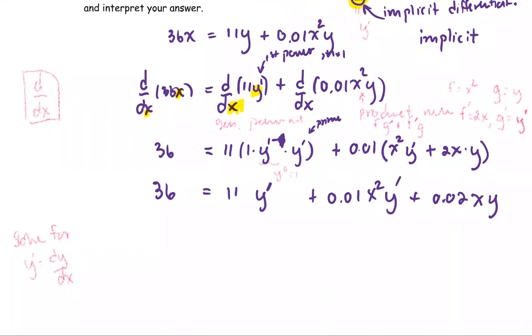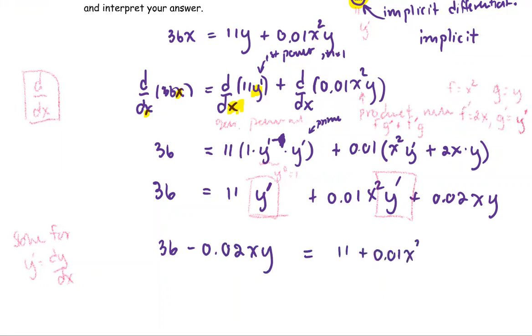So where do I have y prime? I have y prime here, I have y prime here. I'm going to gather them, put them together, and move the term that is not y prime to the other side for convenience. So we have 36 minus 0.02 times xy equals 11 plus 0.01 x squared, both of them having y prime in common.